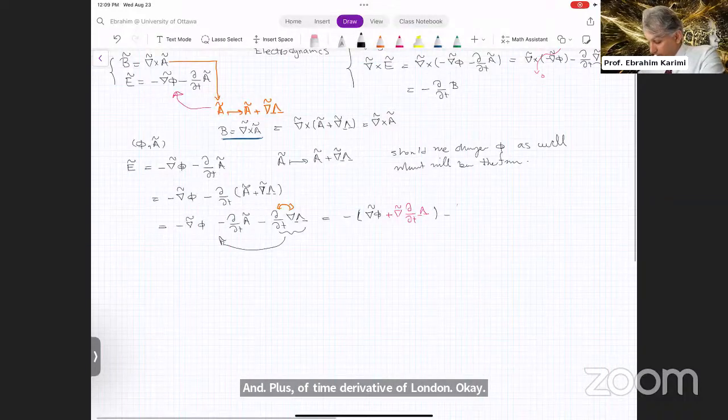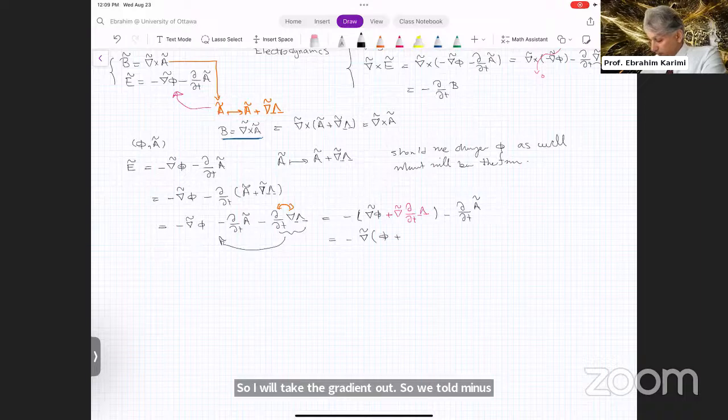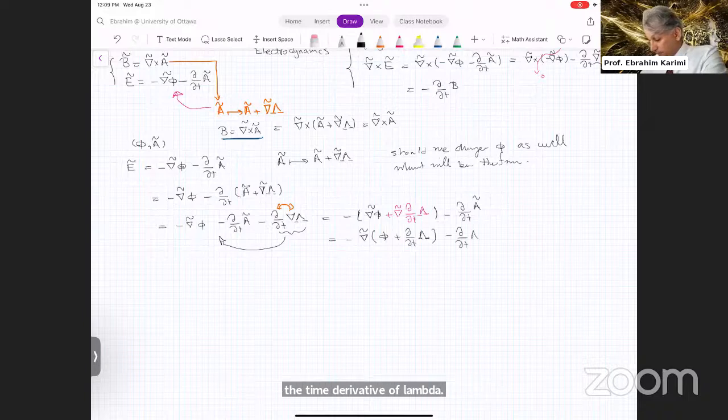Then I have minus the time derivative of A. Taking the gradient out, it will be minus gradient of phi plus the time derivative of lambda, the arbitrary function that I had, minus the time derivative of A.